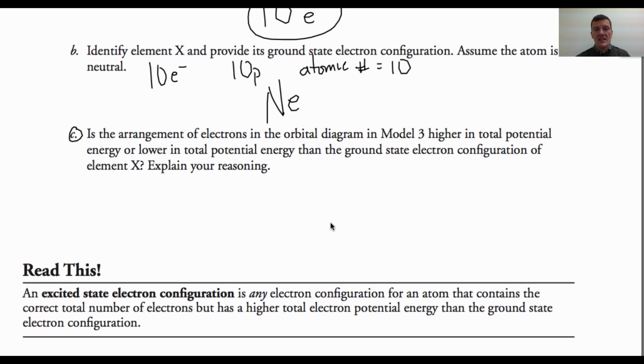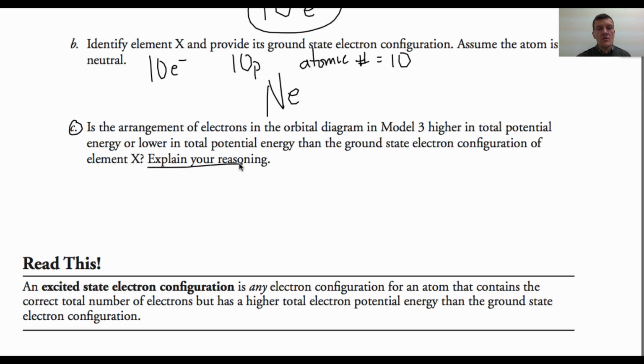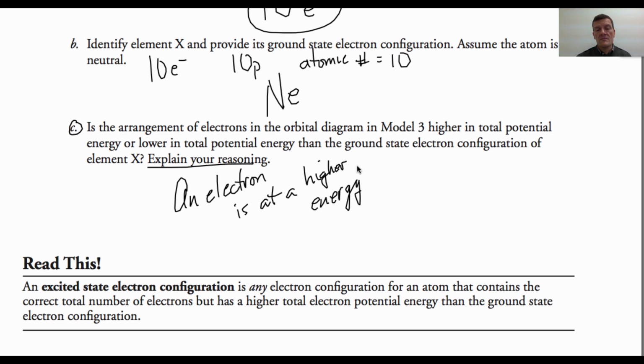It's not ground state. So we know because an electron is at a higher energy position. Therefore, it is an excited atom.